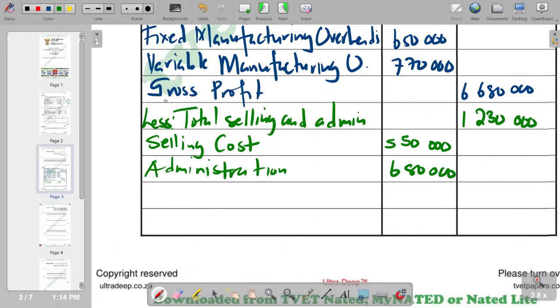And remember, we are saying less, so also subtract. So if you say 6,680,000 minus 1,230,000, you're going to get a net figure of 5,450,000. And this is our net profit.